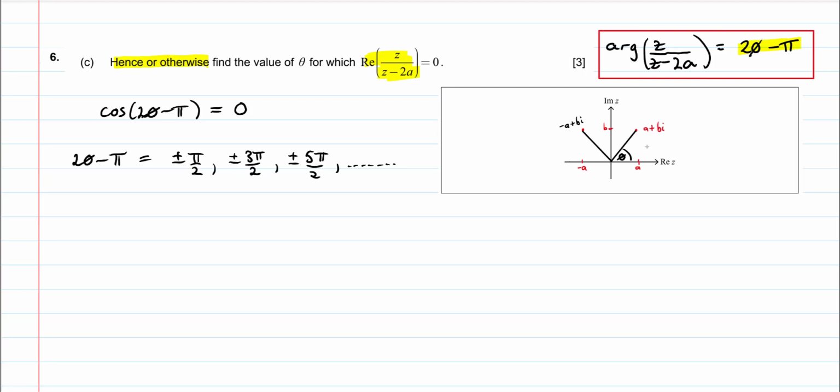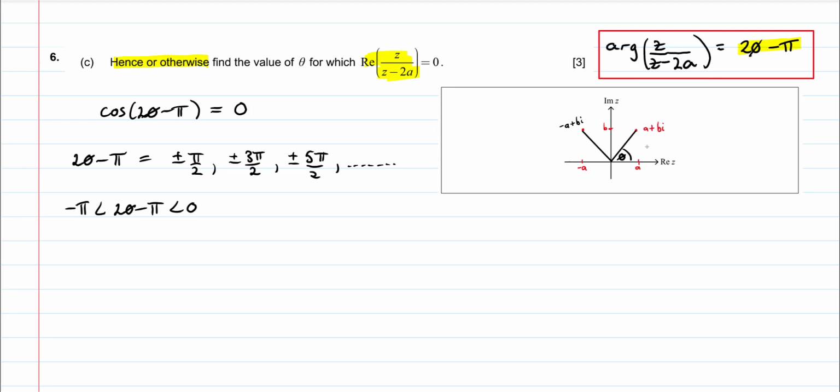Now we just need to pick which one of these it is. What we know about 2 theta minus pi is that it's less than 0 and greater than negative pi. How do we know that? Well, we can look at that in two ways.